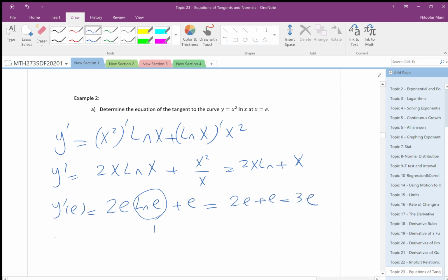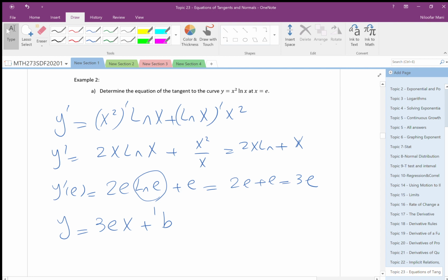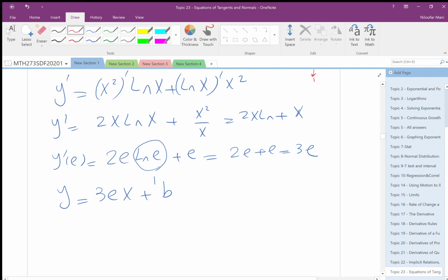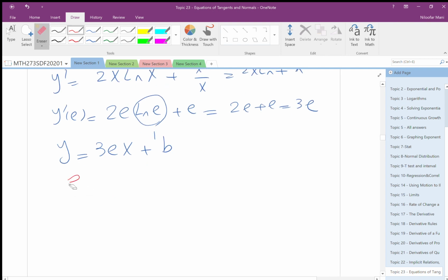Now y is 3e x plus b, where b is the y-intercept. How do I find b? Remember, I have to have y. So y is e squared ln e, which is e squared, because ln e is 1. Ln and e beside each other cancel each other, so it's 1. So e squared equals 3e times e plus b.